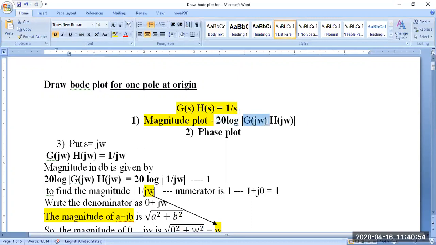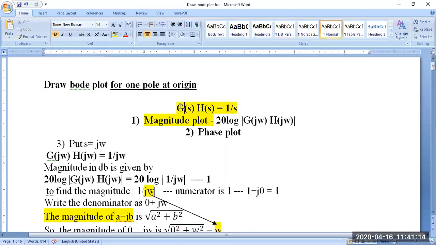G of j omega into H of j omega is nothing but the given transfer function, that is G of s into H of s, which is an open loop transfer function, and we are going to take the magnitude of that, and 20 log for converting into dB.